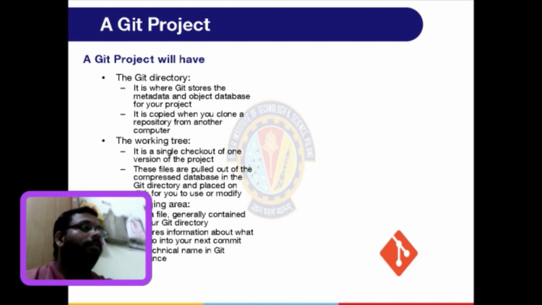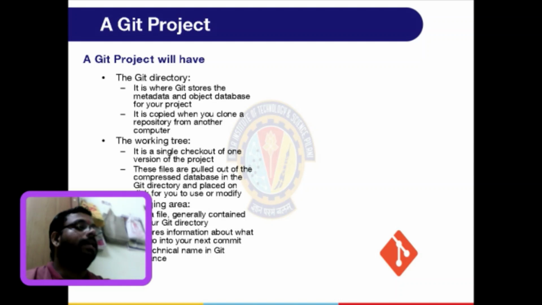It is where Git stores the metadata and object database for your project. It is copied when you clone a repository from another computer. The working tree.